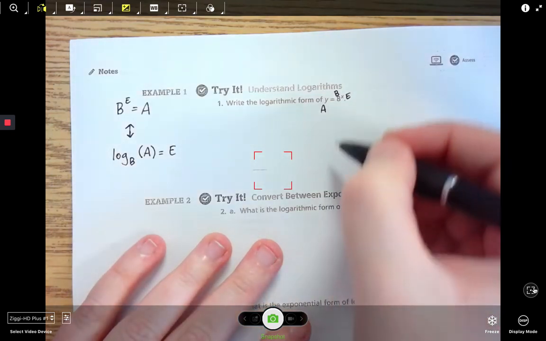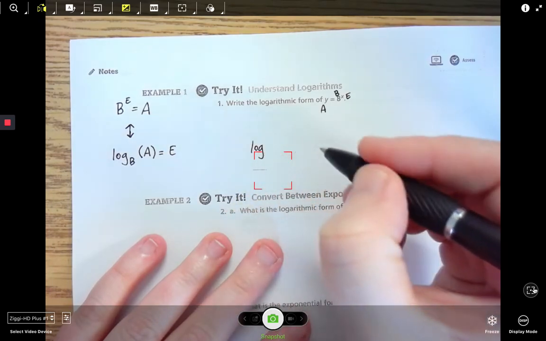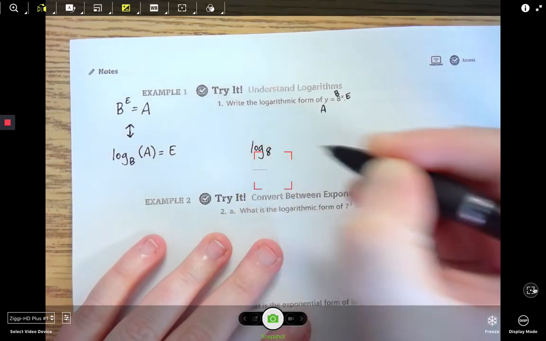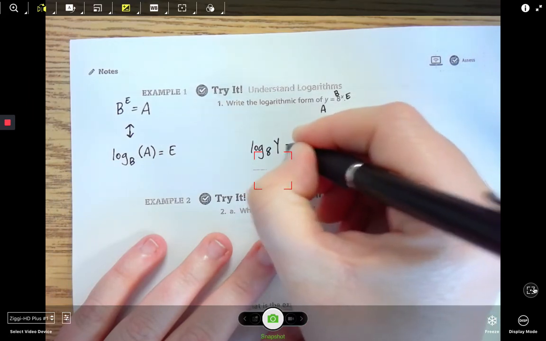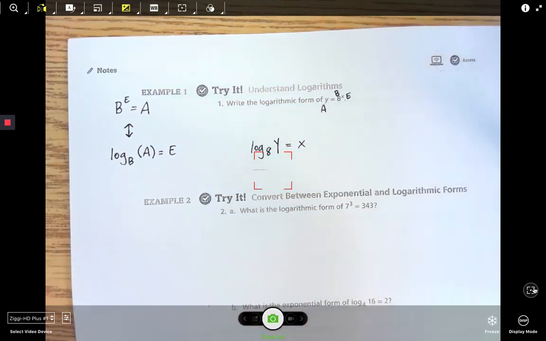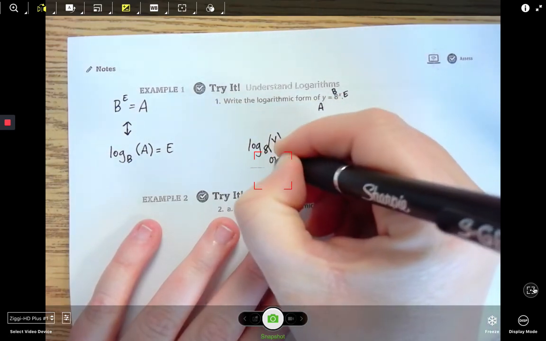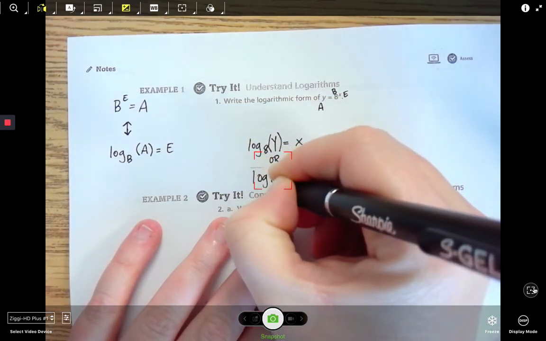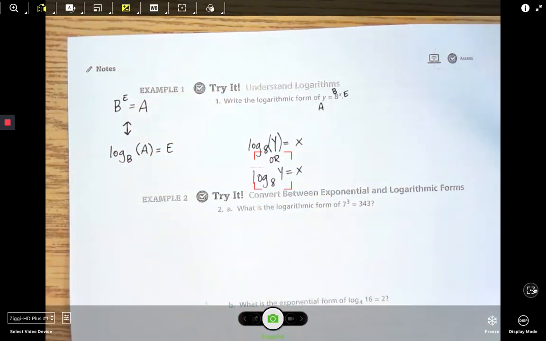So we'll write log, b is 8, a is y, and we set it equal to x, or e. Sometimes you may see the y in parentheses, or you may not. Either way you write that would be correct.